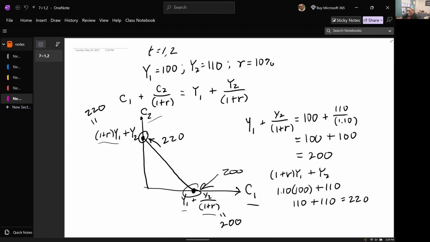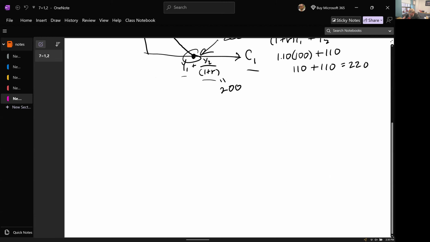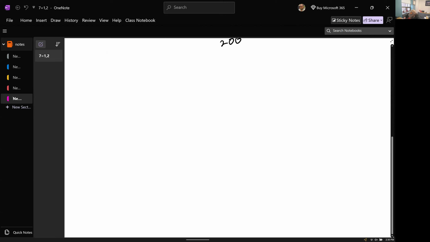So that is how you construct an intertemporal budget constraint. Just like budget constraints before, except now you have to think about spending money over your lifetime.